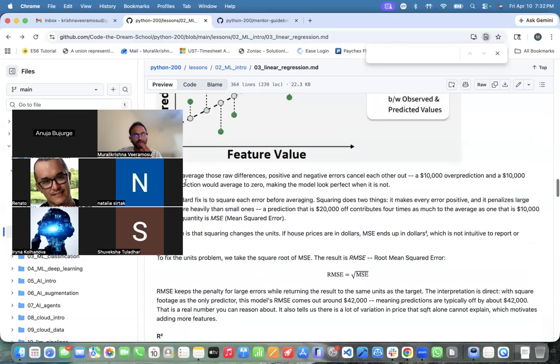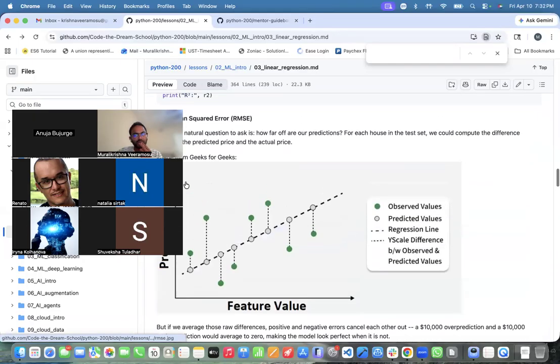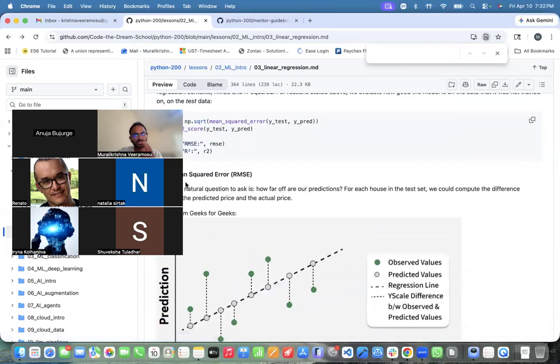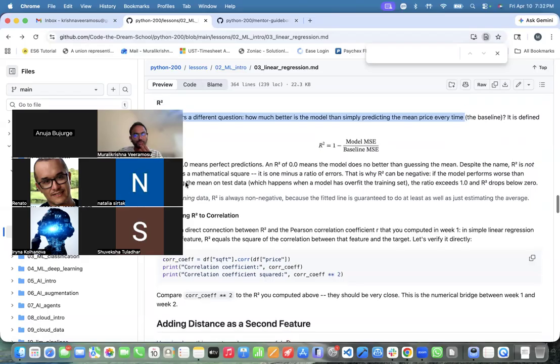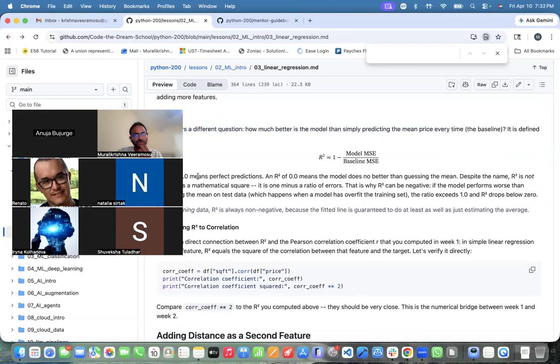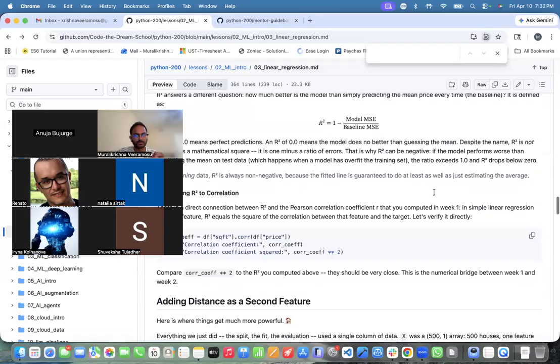One is root mean squared error, which should be as small as possible, and R2 should be as close to 1 as possible. R2 of 1 means perfect prediction, and R2 of 0 means the model doesn't do a better job than just guessing the mean value, right?